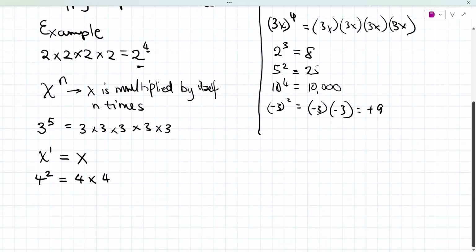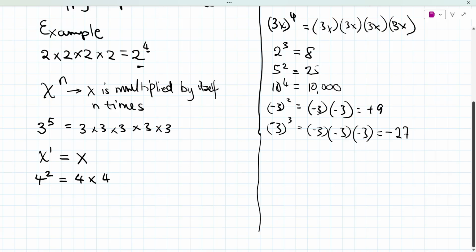Now, if we had another example, like (minus 3) cubed, this would be minus 3 multiplied by minus 3 multiplied by minus 3. Now, a minus times a minus will give us a positive, and a positive times a minus will give us a minus. And here we have 3 times 3 times 3, which will give us 27.